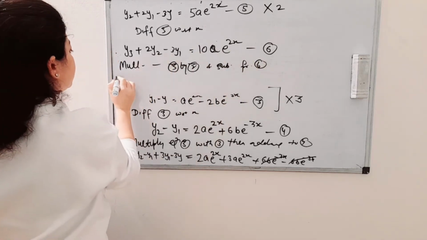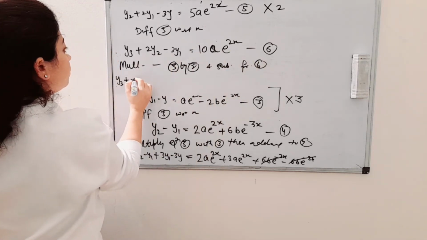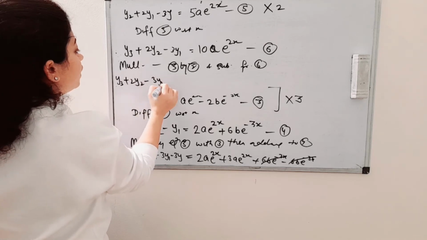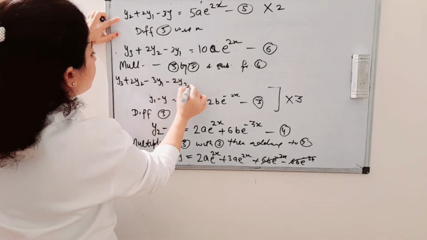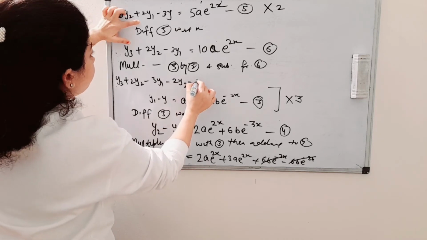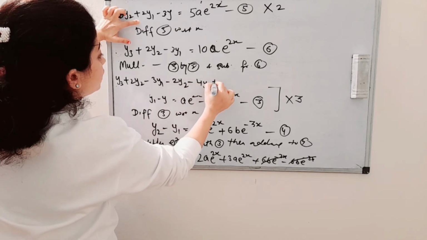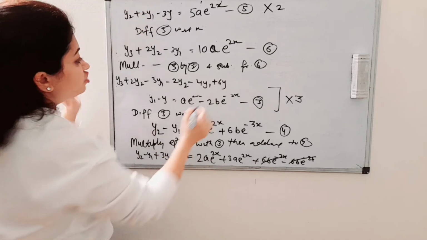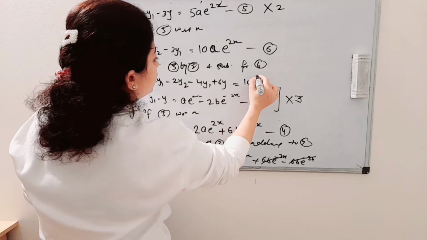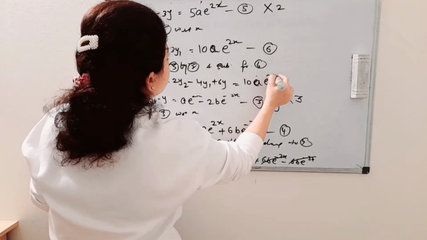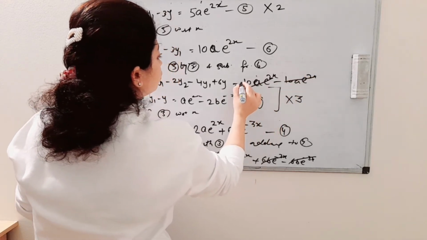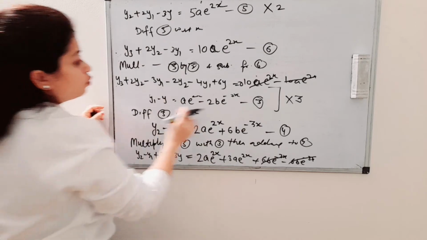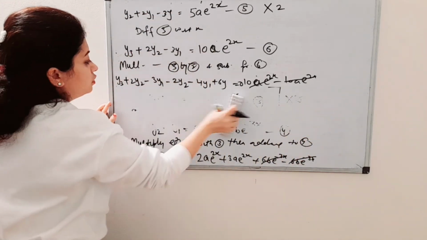So write 6 first: y3 plus 2y2 minus 3y1. Multiply 5 with 2, that means minus 2y2 minus 4y1 plus 6y. Sign will be changed. Equal to 10a e raised to power 2x minus 10a e raised to power 2x. This is cancelled out. So this is 0 and this is the required differential equation.